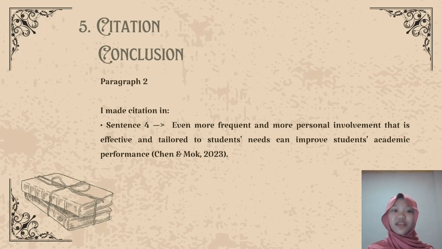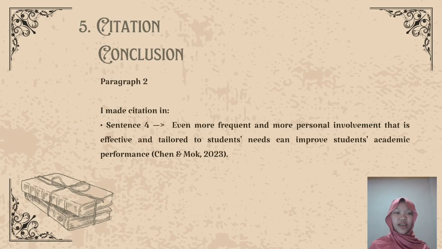Okay, next part is citation. In paragraph 2 of the conclusion, I made a citation in sentence 4 that contains: even more frequent and more personal involvement that is effective and tailored to students' needs can improve students' academic performance. I made the citation from Chan and Mock in the year 2023.